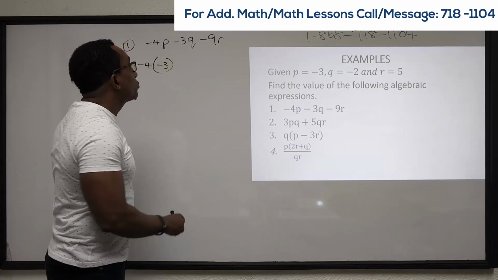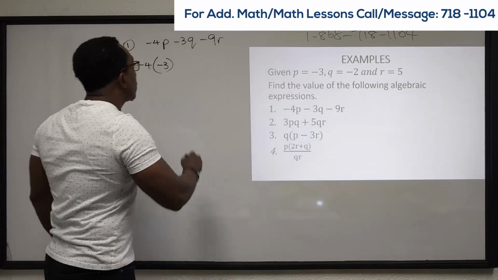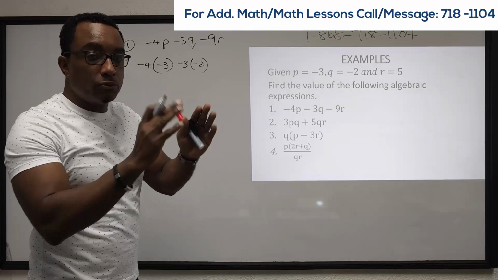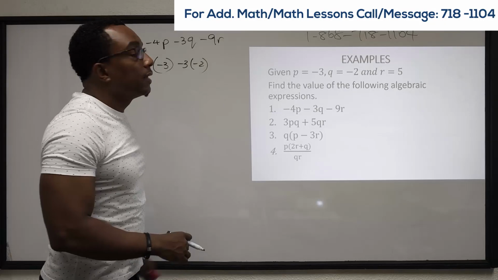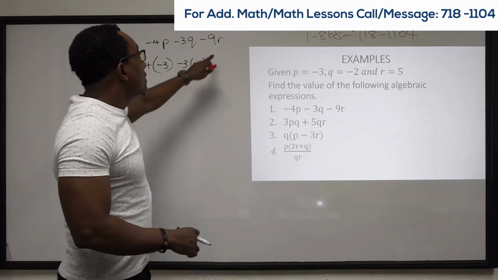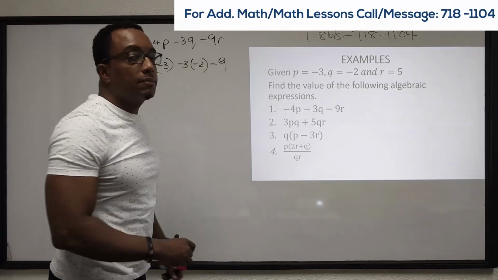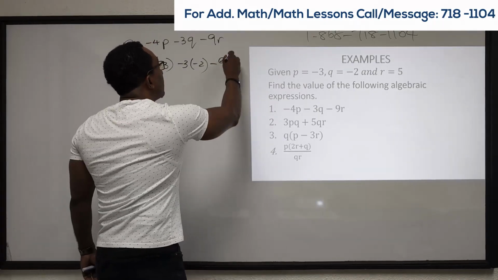This is negative 3q. I'm replacing q here with negative 2, so I make sure I put negative 2 within brackets. I have negative 9r, so I'm replacing r with 5, so I maintain my negative 9, but I replace r with 5, and I place 5 in brackets.